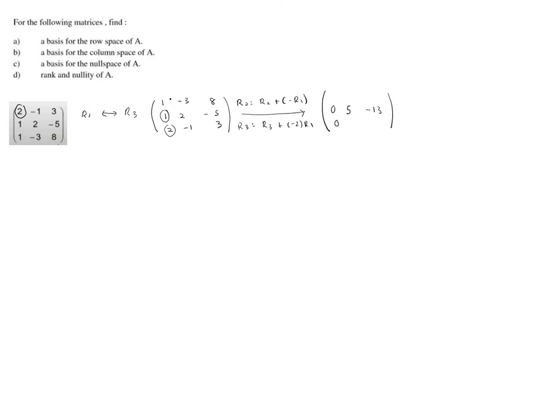Okay, and then negative 1 minus 2 multiplied by negative 3. So we get 5. And then 3 minus 2 multiplied by 8, and we get negative 13. The first row did not change.